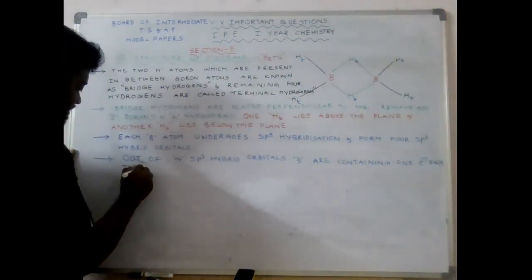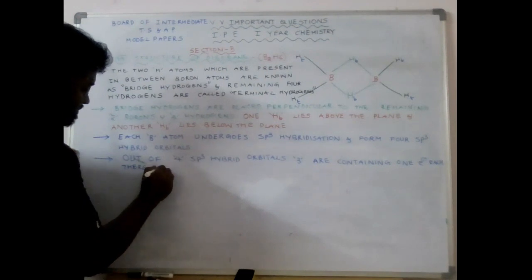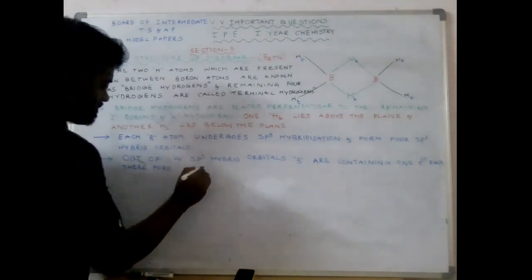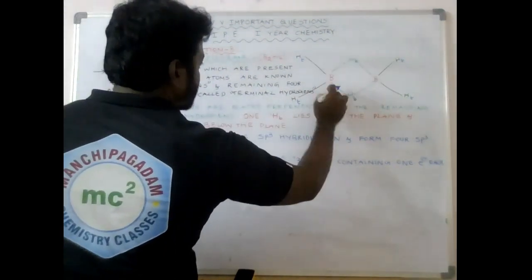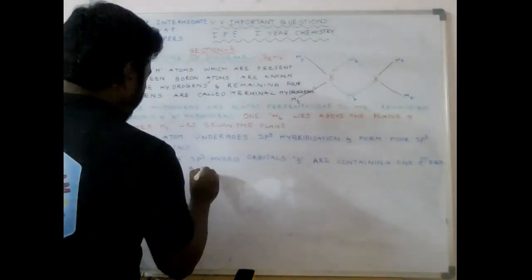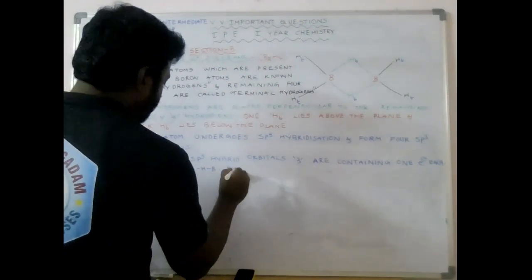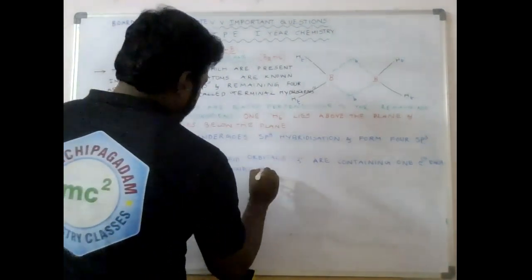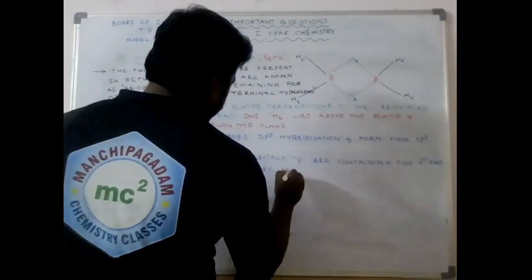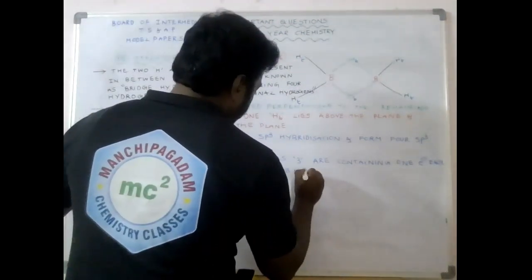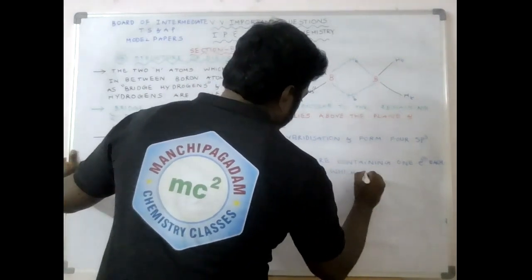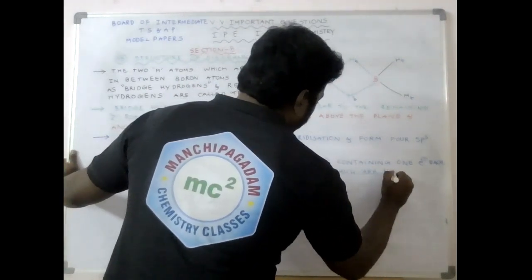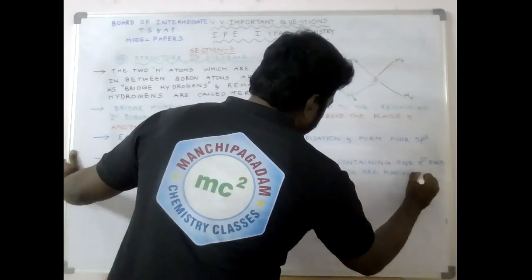Therefore, the BHB bonds, this one BHB, here also BHB, are abnormal, means not normal, which are known as three-centered two-electron bonds.